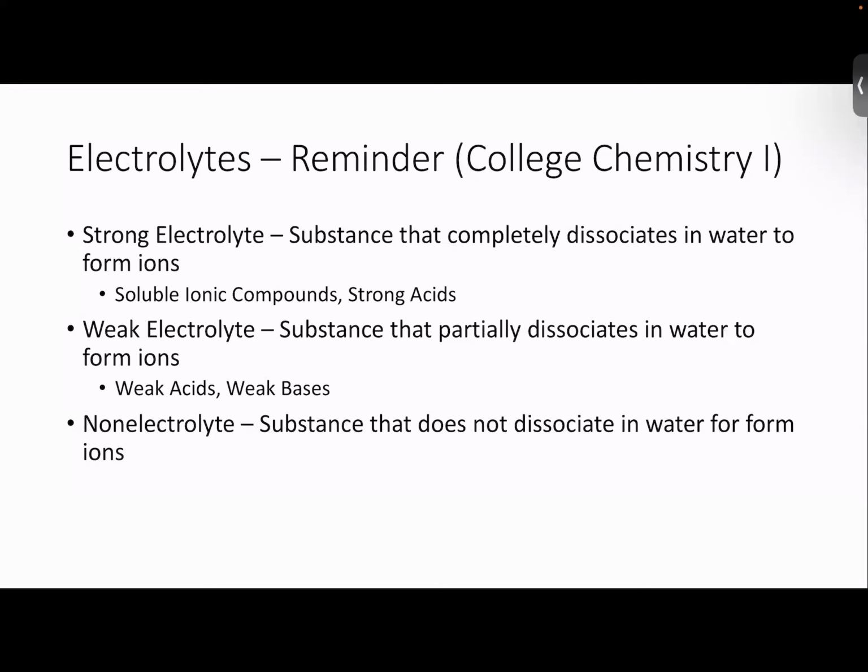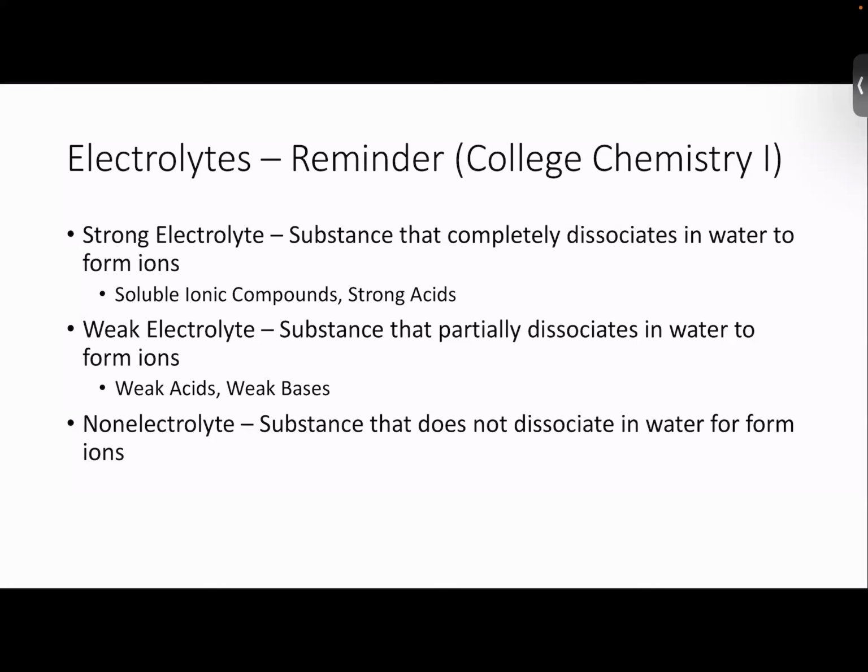A strong electrolyte is a substance that dissociates entirely in solution to form ions, according to the definition in College Chemistry 1. Now, as far as the substances we discussed in College Chemistry 1 that fit this category, it means it's either going to be a soluble ionic compound or it is going to be a strong acid.